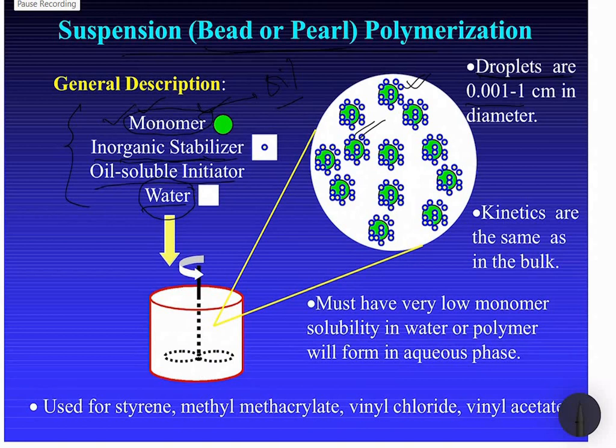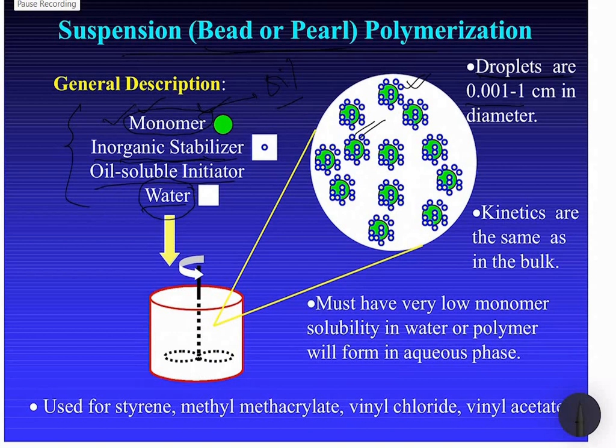So you can say that suspension polymerization is actually a combination of many mini bulk polymerization systems with much better control, because you have water as a dispersion medium. The medium is heterogeneous itself, so the chances of viscosity growth during polymerization, as in the original bulk technique, are not present.